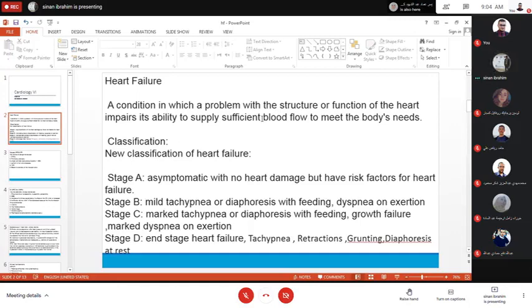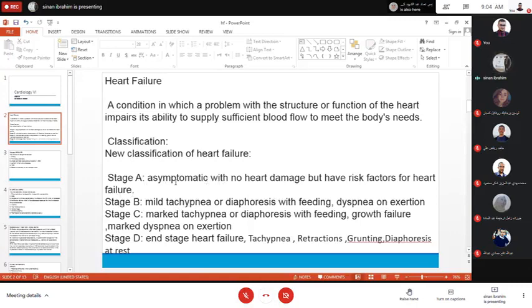Stage A, in which the patient is asymptomatic with no heart damage but has a risk factor for heart failure. So for this patient, we should start treatment before the patient becomes symptomatic.